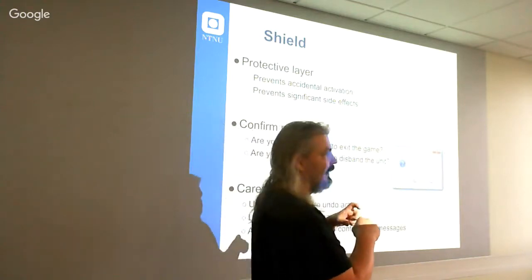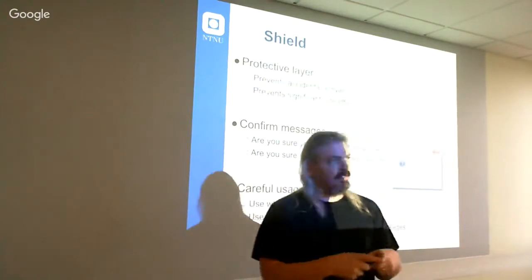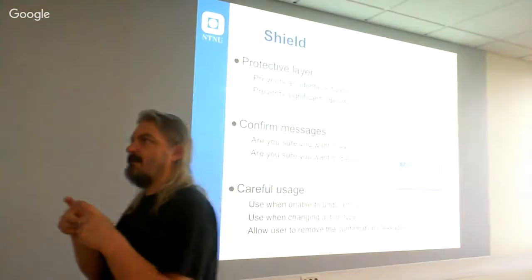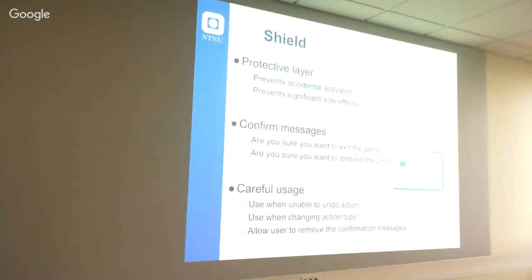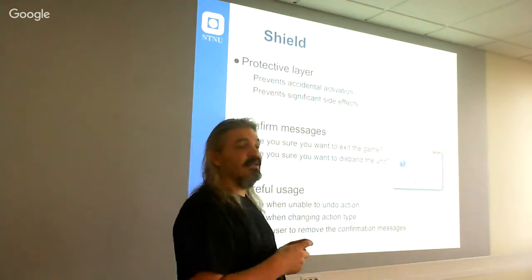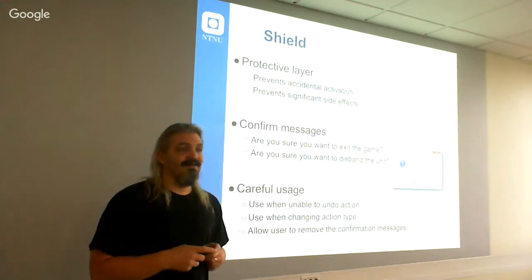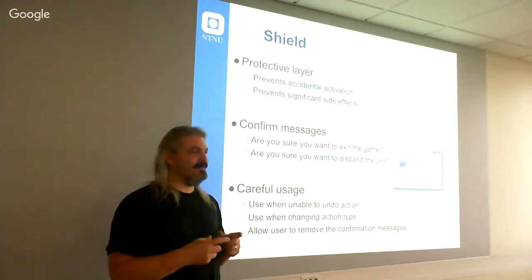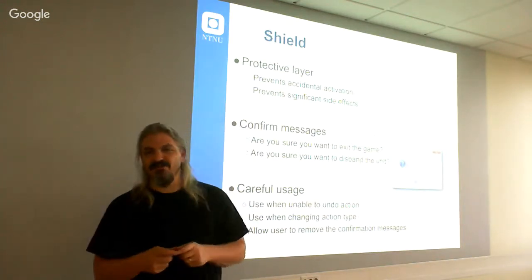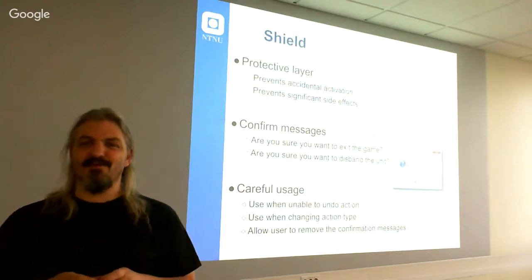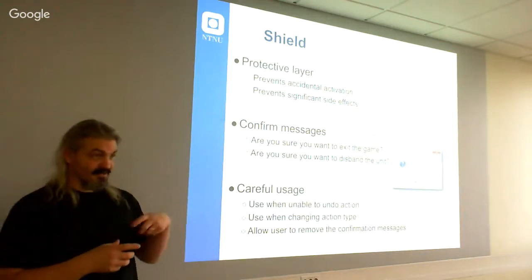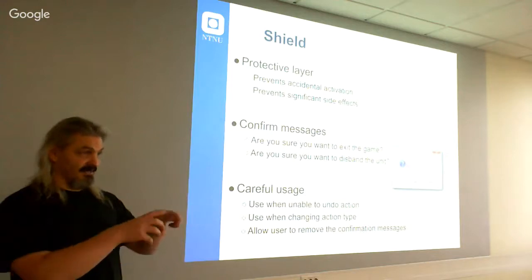You usually only have this on things which permanently change state and are significant. For example, if I want to delete a unit and therefore throw away all its resources, that's usually an unusual thing to do, so you probably want to warn that this is going to cause you a loss of the unit and its resources.